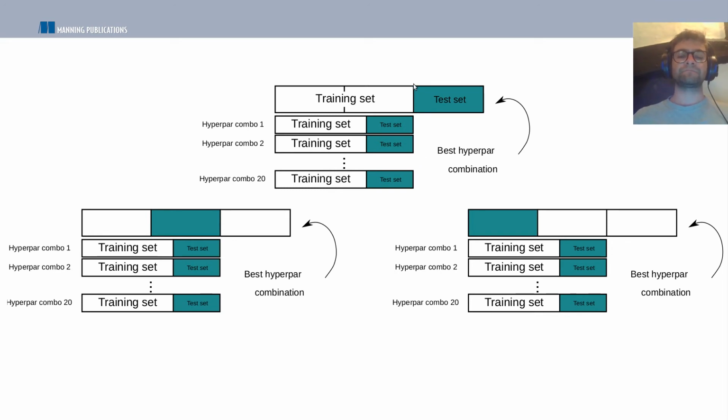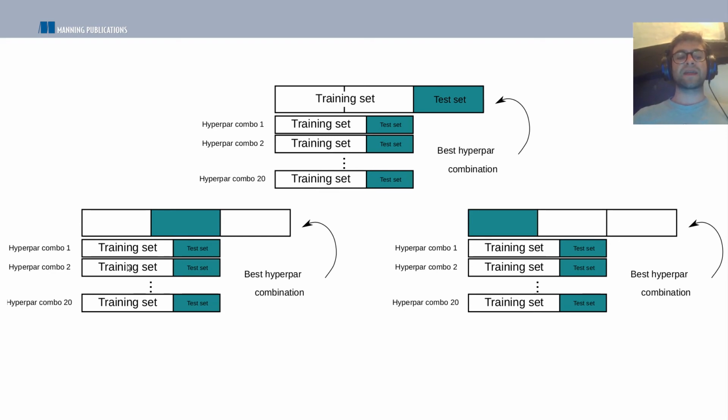test set. And then we're going to do that whole procedure twice more, where this time we're going to use this middle fold as the test set, and we're going to derive our inner loop using this block and this block.